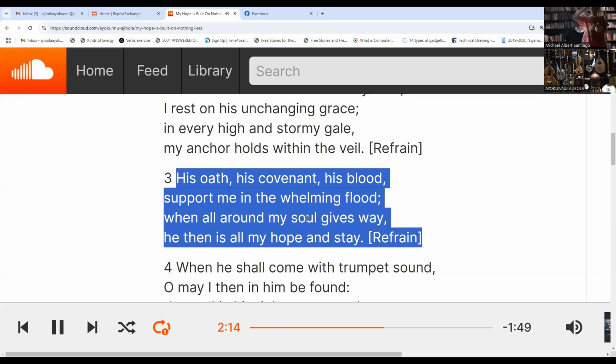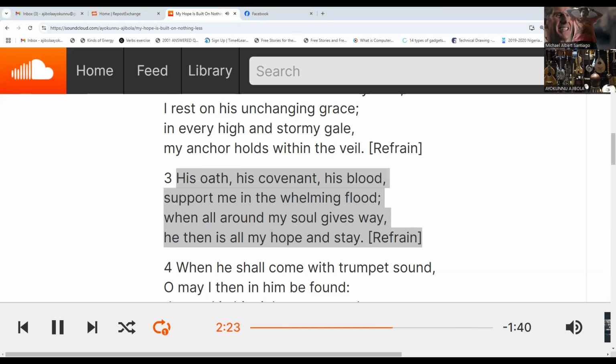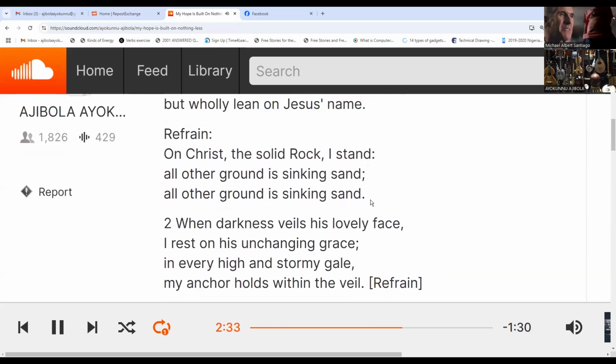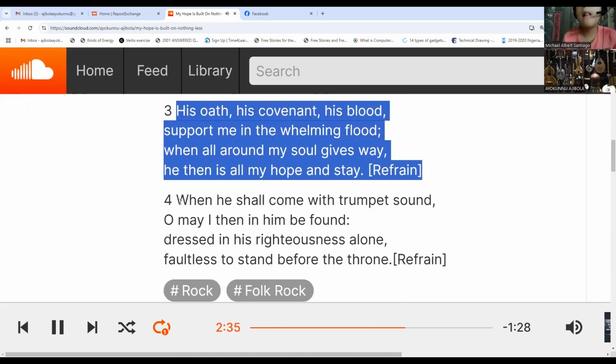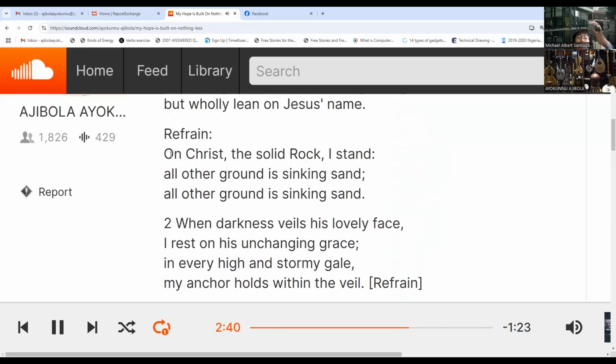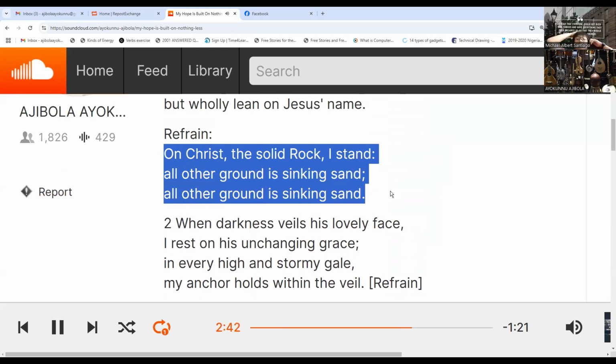When all around my soul gives way, he then is all my hope and stay. On Christ the solid rock I stand. All other ground is sinking sand.